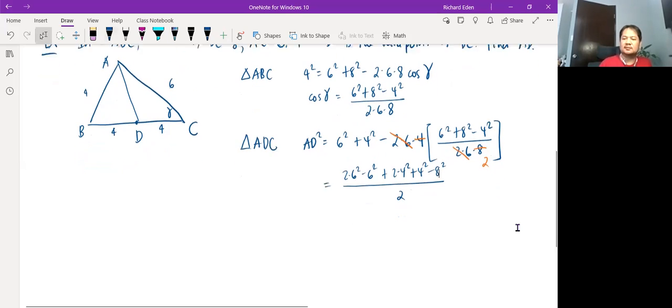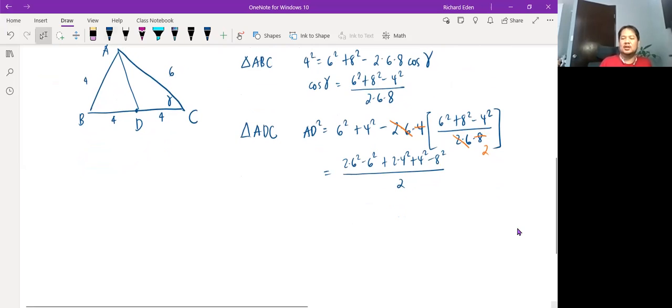It's okay if it's not an integer. So you have minus 6 squared plus 2 times 4 squared: 36, plus 4 times... 48, 64, minus 8 squared over 2 equals 10.